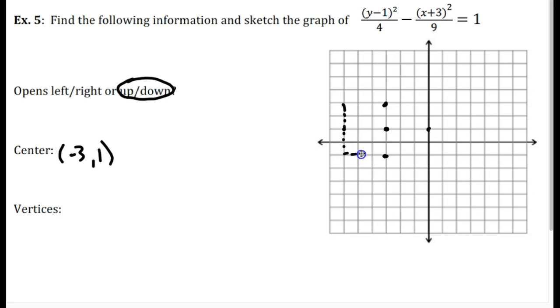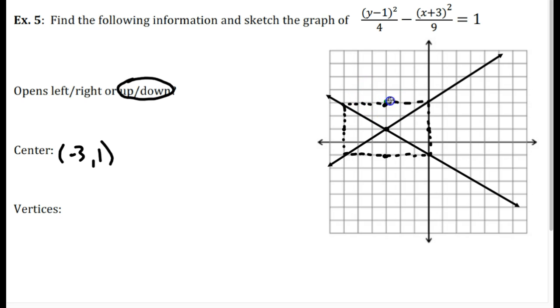So this is my box. I want to make my asymptotes go through the diagonals. And then I can sketch my hyperbola.